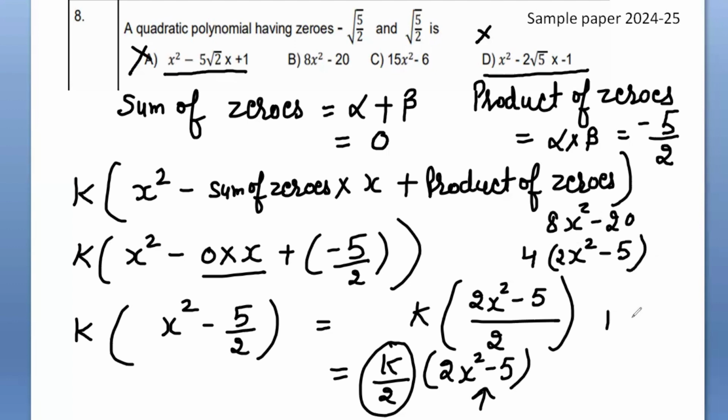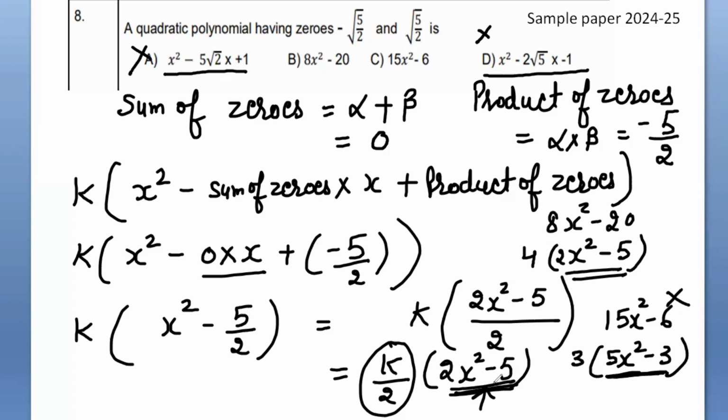But for 15x squared minus 6, if I take 3 common, 5x squared minus 3 is left. So this can't be the option, because here I'm getting 2x squared minus 5, which is our equation. So the correct option is B.